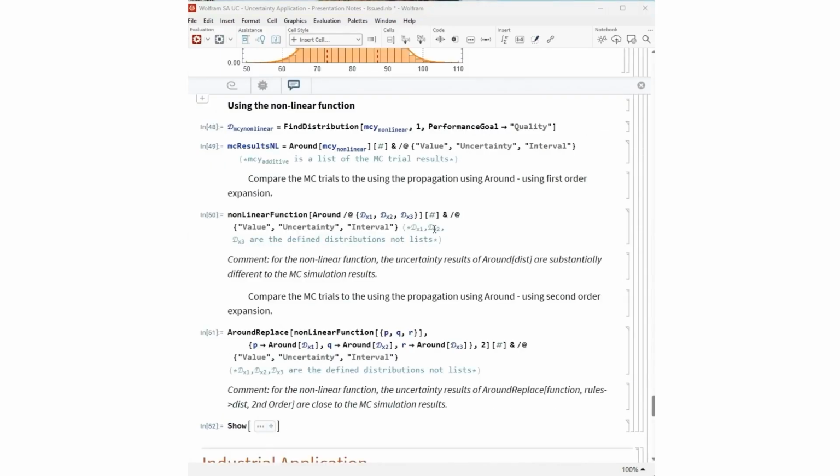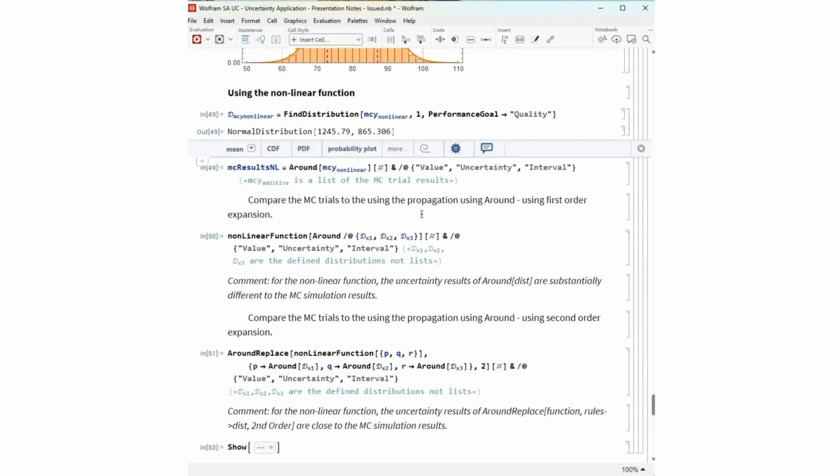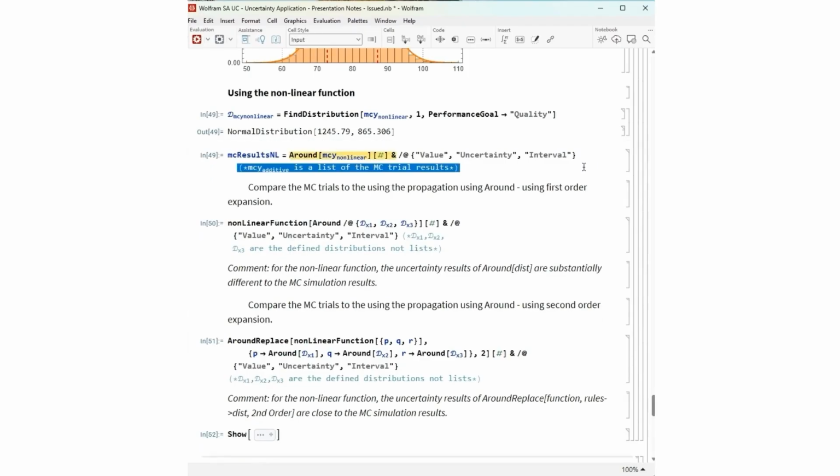Now using the nonlinear function as defined earlier, you can also get the distribution of the Monte Carlo results. Let's compute that quickly. And also you can compute round for the parameterized distributions processed through the nonlinear function that looks like this.